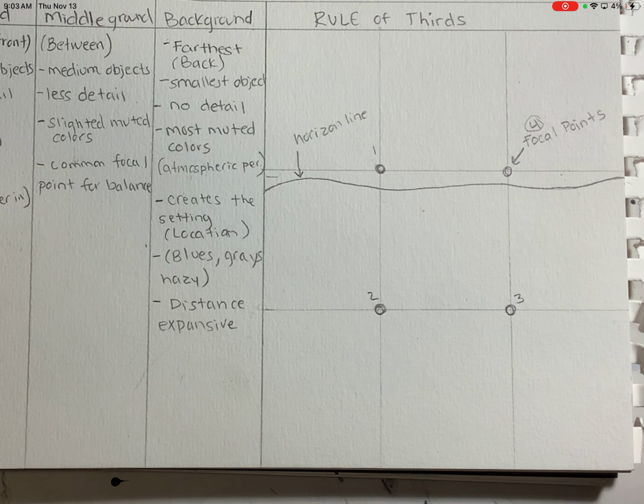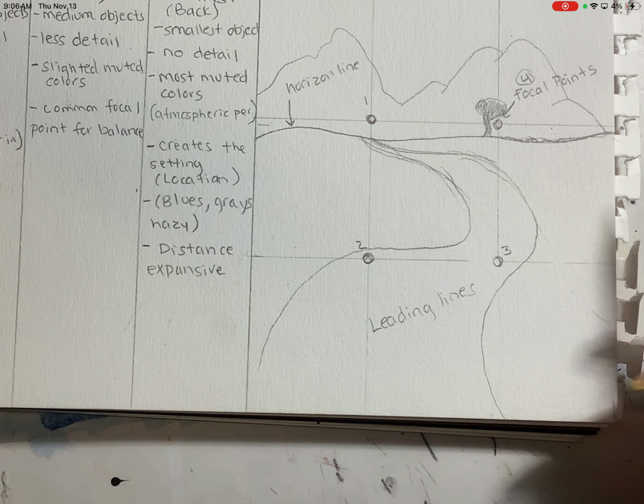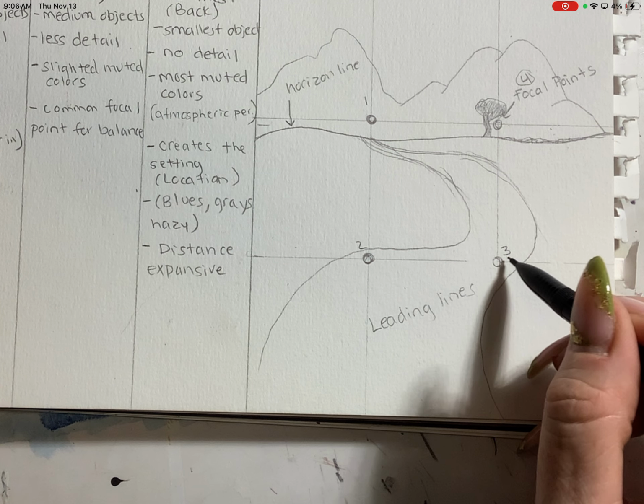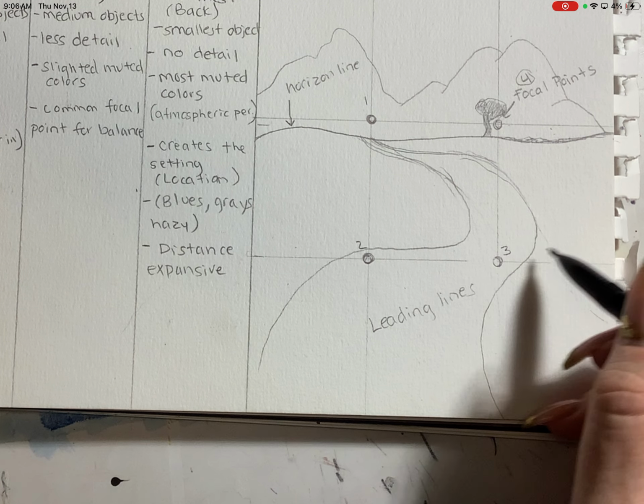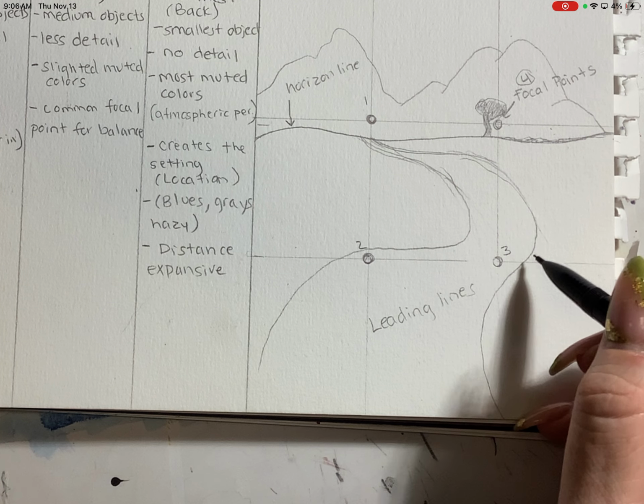Doesn't mean I can't have other trees, but maybe they won't be as tall. Or maybe I'll just put some grass along my horizon line, right? Here maybe there's a big rock in the road.